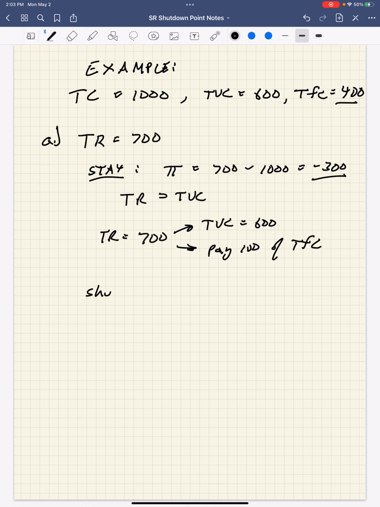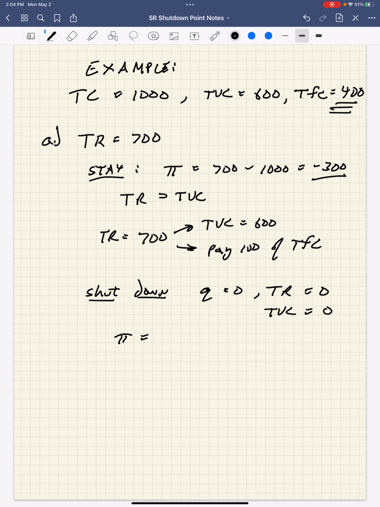Option two, with these same numbers, would be, well, let's just pack it up. Let's shut down, right? And again, what that means is we stop producing, quantity goes to zero, and therefore revenue goes to zero. And again, we fire all of our workers, and our variable cost goes to zero. So what we're left with is paying the entirety of our fixed costs out of pocket.